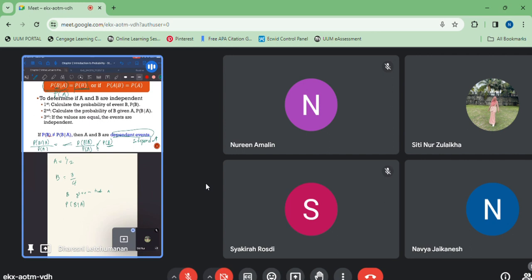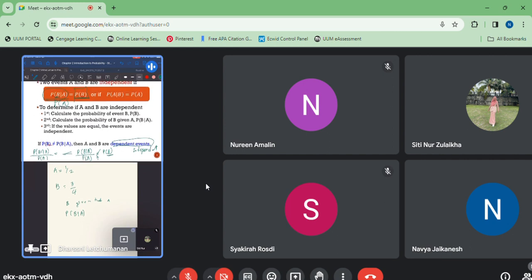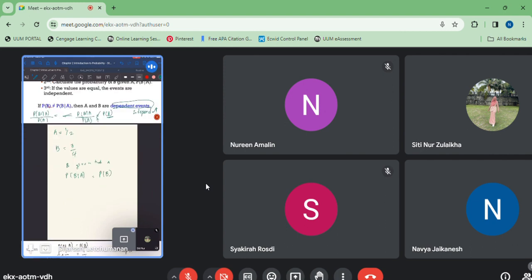And then when we want to expand the formula, I made a mistake here. Actually, it's P(B intersect A). This one equals P(B) if independent. They asked to prove it's independent or not. So later you just have to do this.